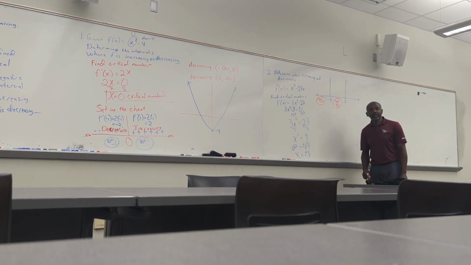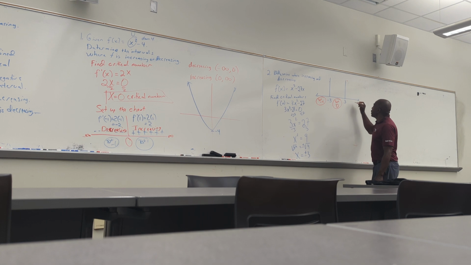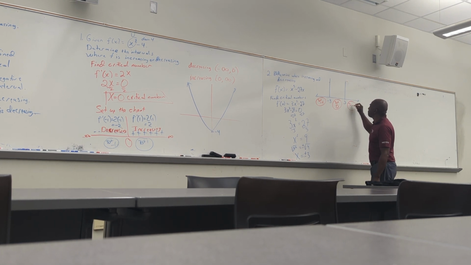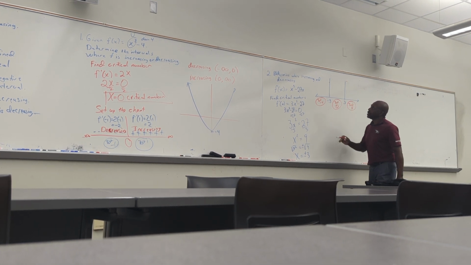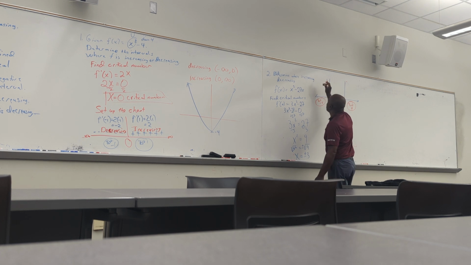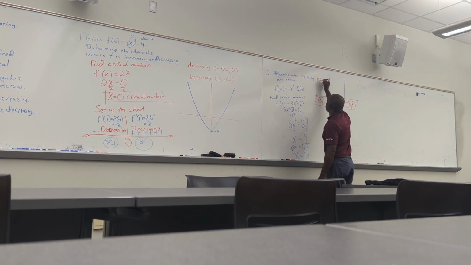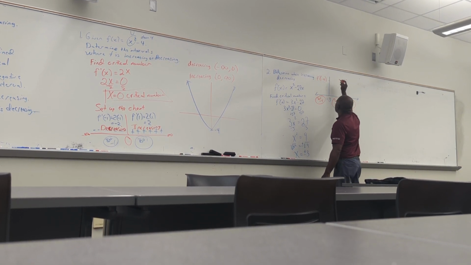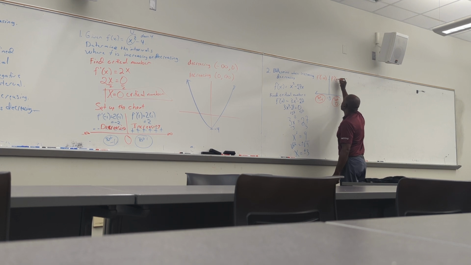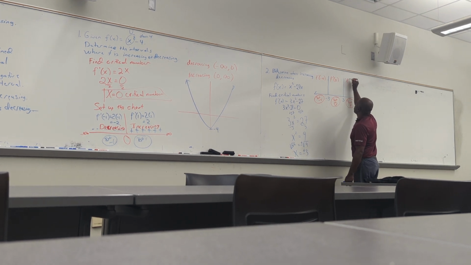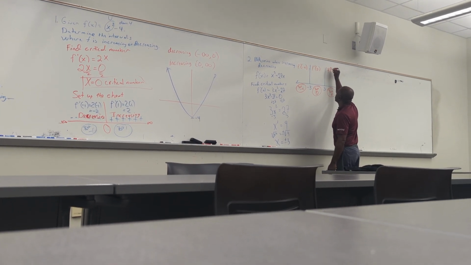It doesn't matter what you pick. We good, class? What number you like to test here? 4. So that means, class, we gotta find f prime of negative 4, we're gonna find f prime of 0, and we're gonna find f prime of positive what? 4.